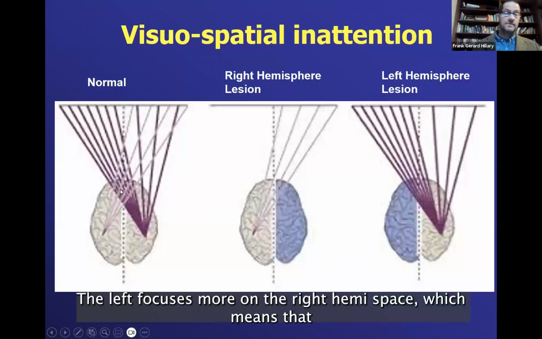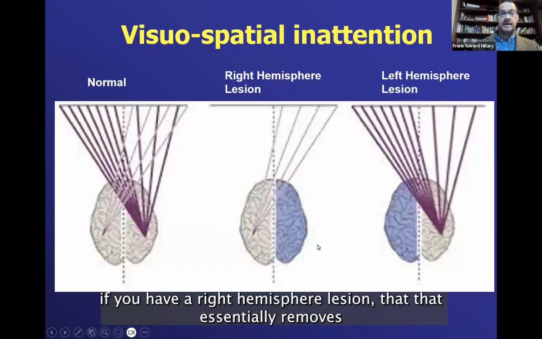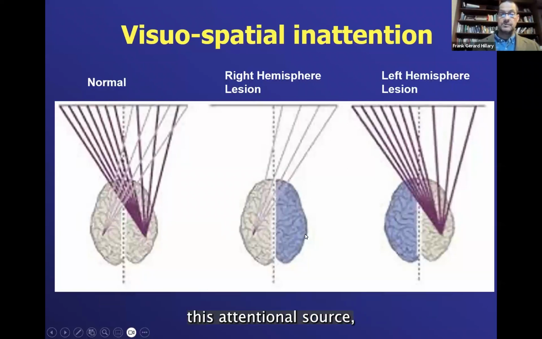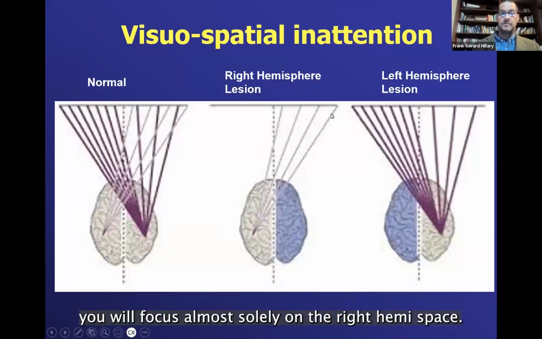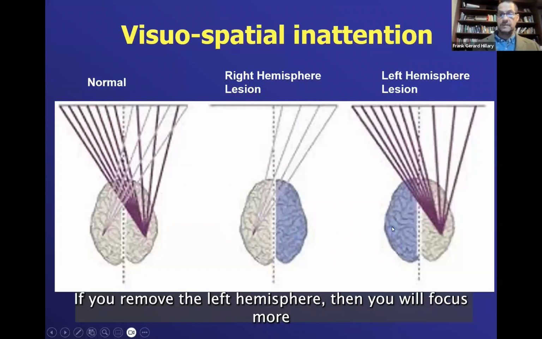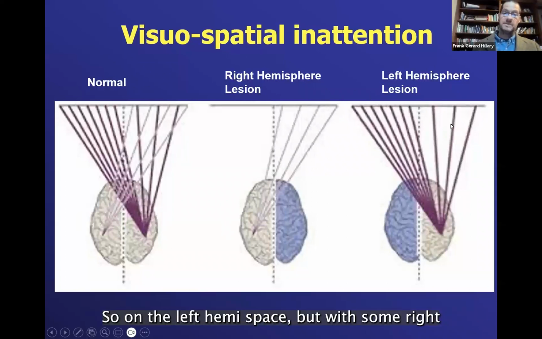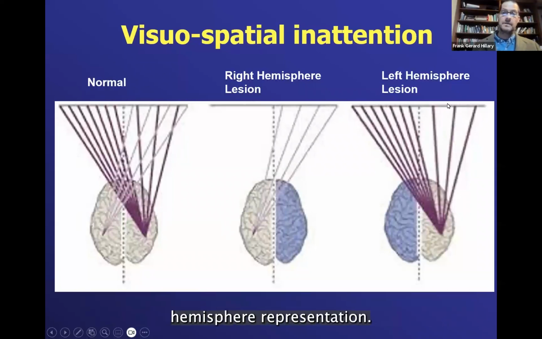The left focuses more on the right hemispace, which means that if you have a right hemisphere lesion that essentially removes this attentional source, you will focus almost solely on the right hemispace. If you remove the left hemisphere, then you will focus more so on the left hemispace with some right hemisphere representation.